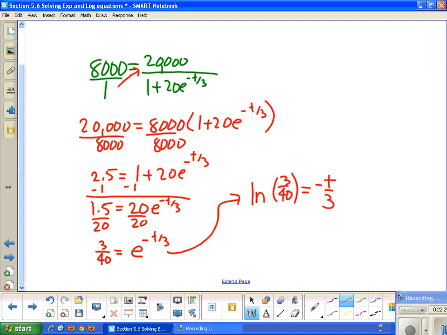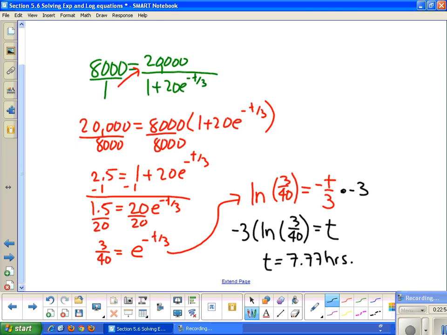So I need to solve for t by multiplying both sides by negative 3. This would be negative 3 times the natural log of 3 divided by 40 gives me my t value. Plugging this correctly into your calculator would yield t being equal to 7.77 hours.